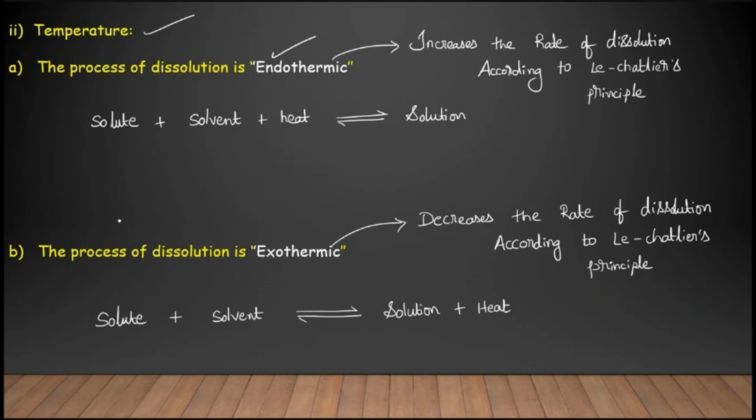Suppose when I take a solute and dissolve it in a solvent, heat is being absorbed during the dissolution process. Such a net dissolution process undergoes in an endothermic way. If heat is absorbed while dissolving a solute in a solvent, we call it an endothermic process.